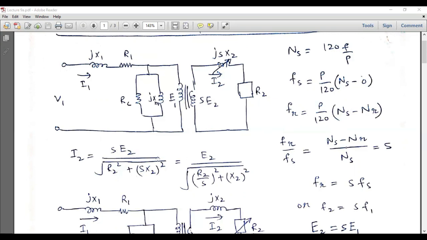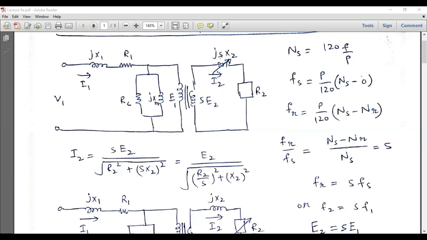If we divide this whole expression by S in the numerator and the denominator, this will become E2, and here we will have R2 over S squared plus X2. Another very important thing is that the slip is a variable quantity, and it actually depends on the load. Whenever there is a high load, the slip will be high. If the load is minimum, the slip will be minimum.